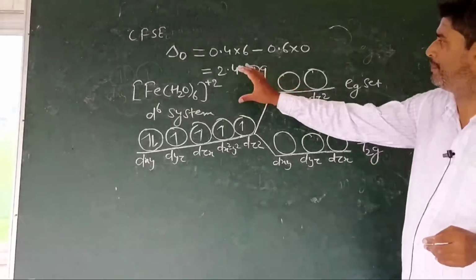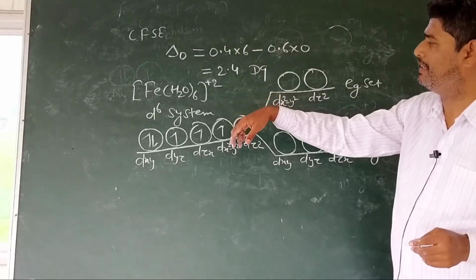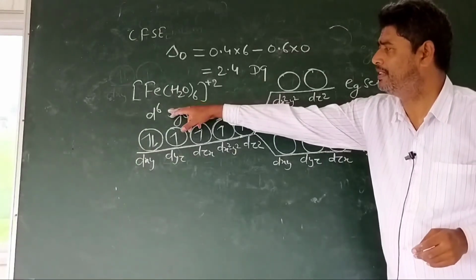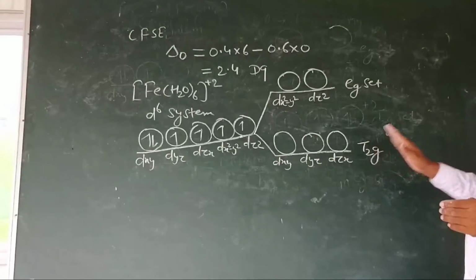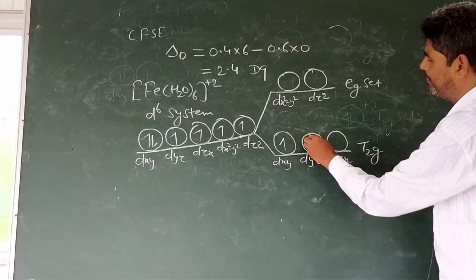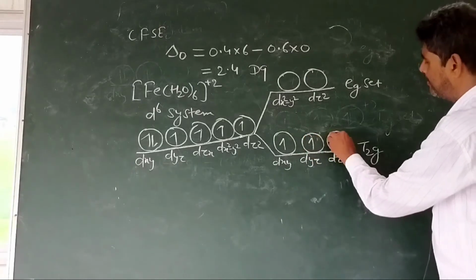So out of 6 electrons, the first 3 electrons will enter singly with parallel spin. First, second, third.